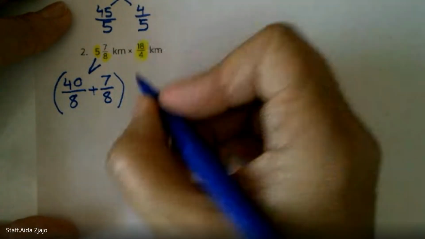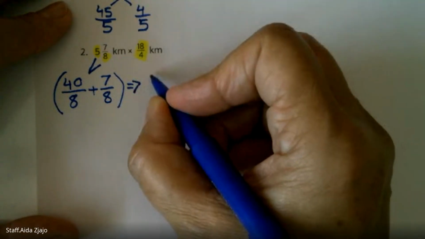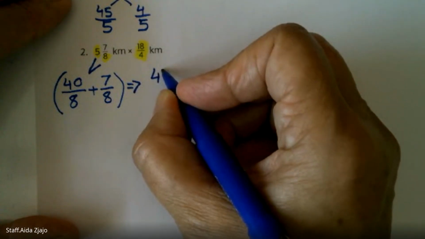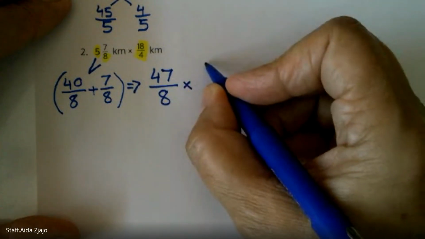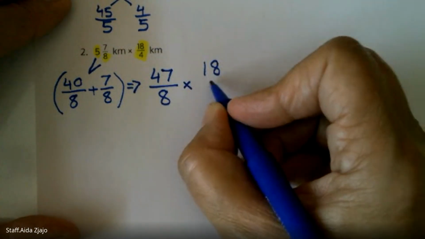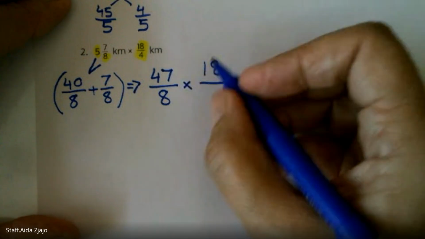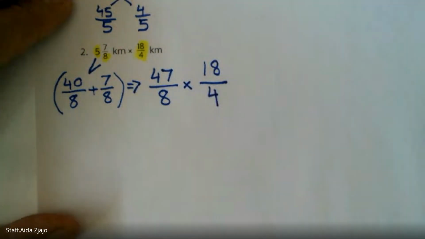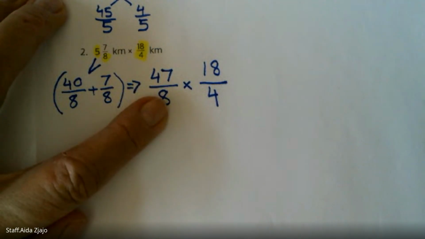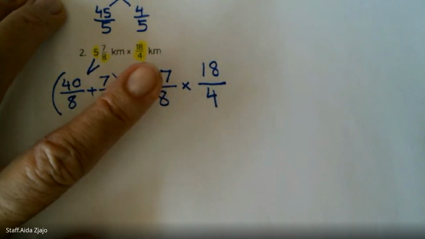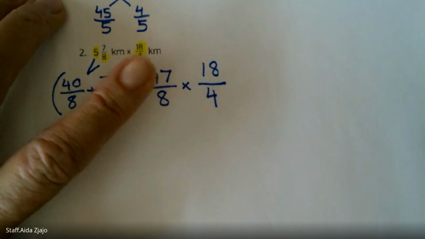Okay, so now from there I have 47/8, and I need to multiply by 18/4. When you look at this, you can see I can divide by 2: 2 times 9 is 18.